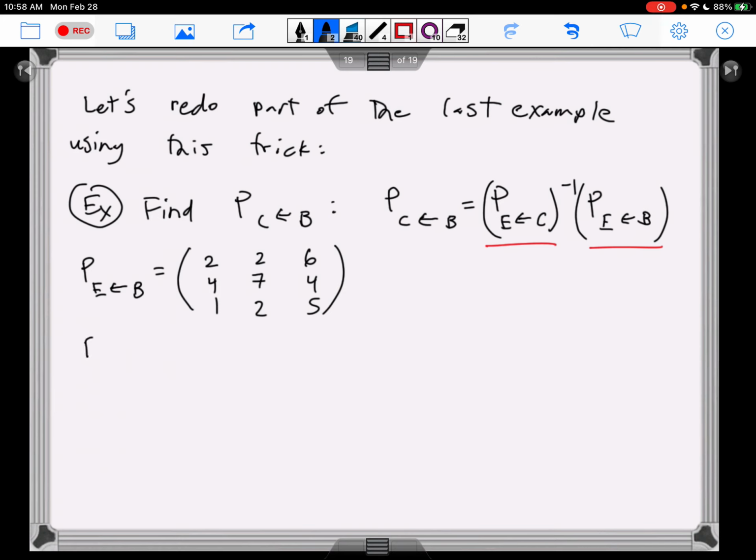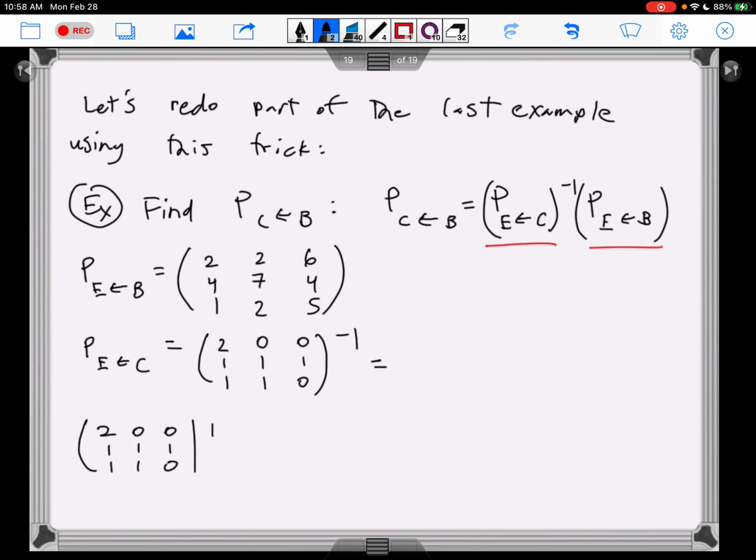Now, what about P from C to E? We know that P from C to E is of course the same thing. Just put those guys as column vectors. This was given, but we need to find the inverse of this. Okay, so what is this going to equal? That does take some work here. So we have to take 2, 1, 1, 0, 1, 1, 0, 1, 0, and adjoin the identity to that.